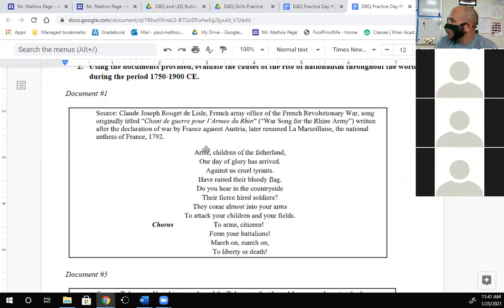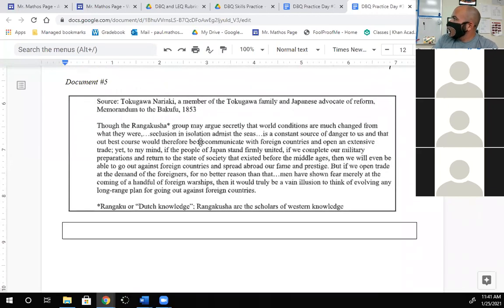I could dig that. I then go to document 5. It seems to be by a member of the Tokugawa family, an advocate for reform. I'm using my outside knowledge here: Japanese society has established its rich culture on its own, but it seems he's arguing that we should open up trade.